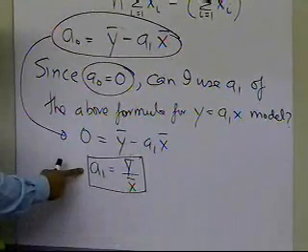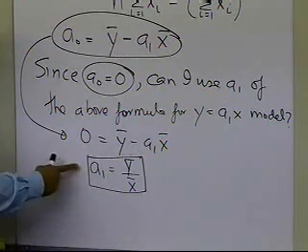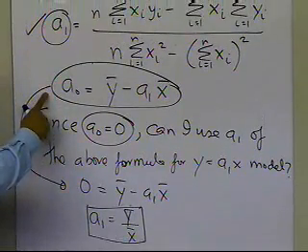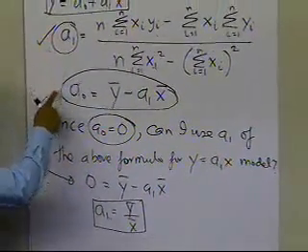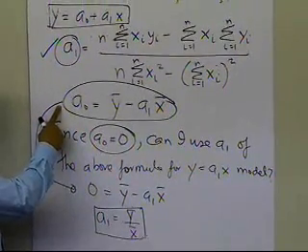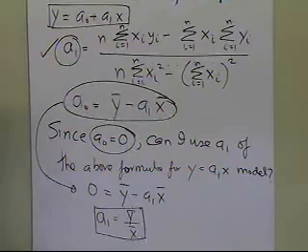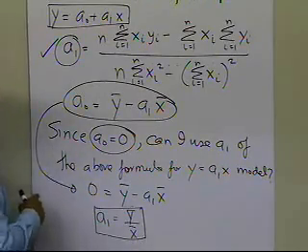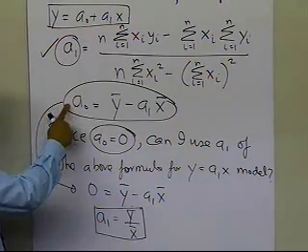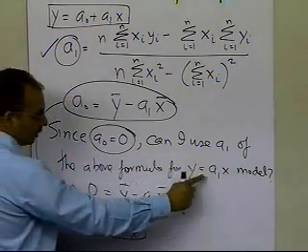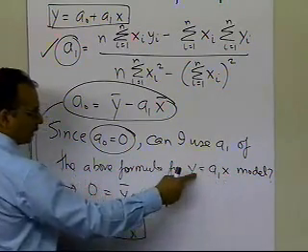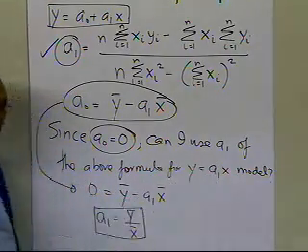The reason why that is so is because the way a naught and a1 were found for your linear regression model, which had an intercept and had a slope, was based on the fact that you are minimizing with respect to a naught and a1. That's how you got these two expressions. But when you have this simpler linear regression model where there is no intercept, you can only minimize with respect to a1.